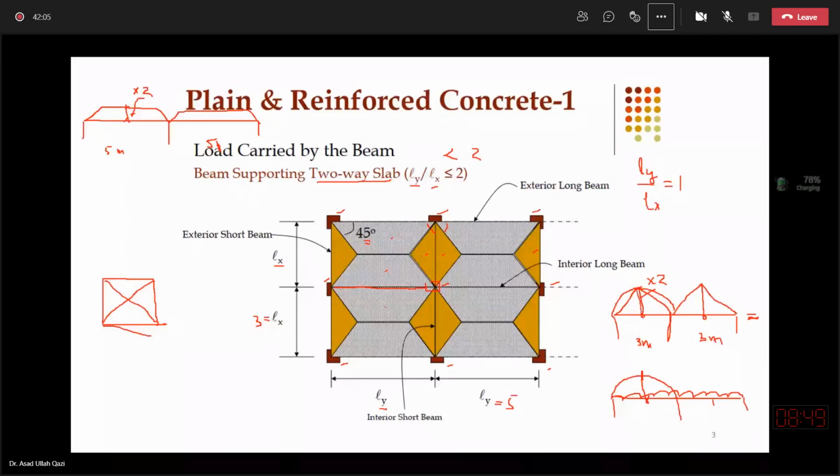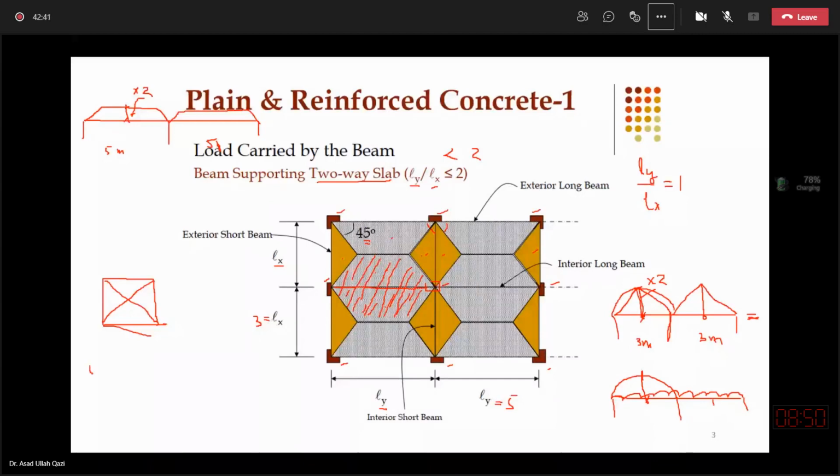To calculate that transverse width, which I will multiply with my ultimate pressure. For example, if there are two trapezoids as I'm hatching them, and I know the ultimate pressure on these two trapezoids. As I did the calculation for one-way slab, I got the pressure as 11.65 kilonewton per meter square.